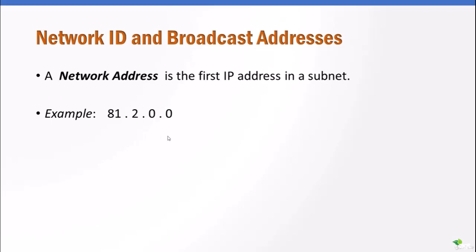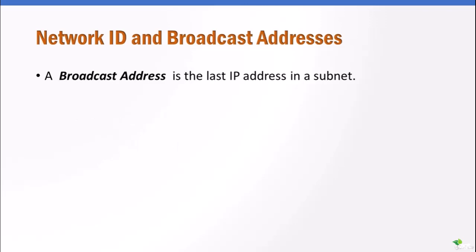Here we have an example, 81.2.0.0, where the first 2 octets are the network portion and the second 2 octets are the host portion. The network address has its host portion filled with zeros, and the broadcast address is the opposite. A broadcast address is the very last IP address in a subnet. Here's an example, 81.2.255.255.